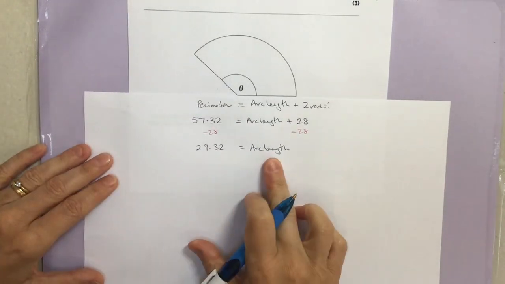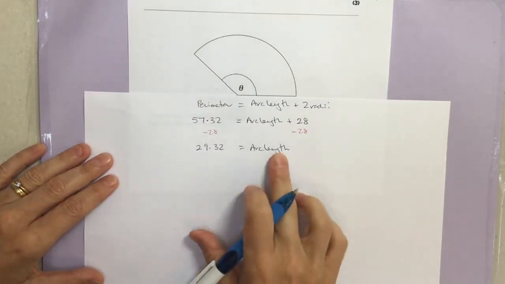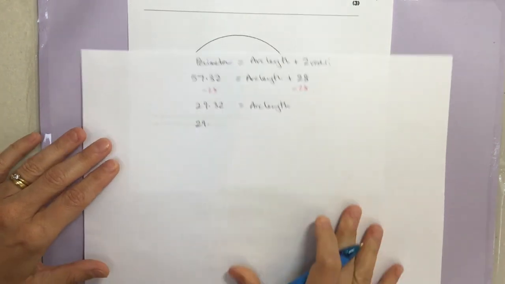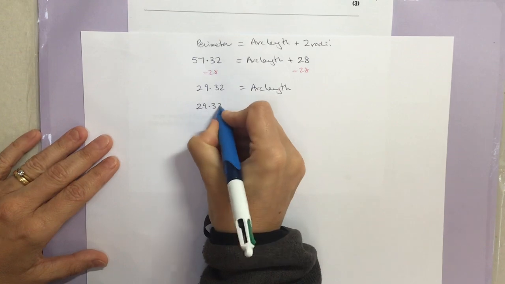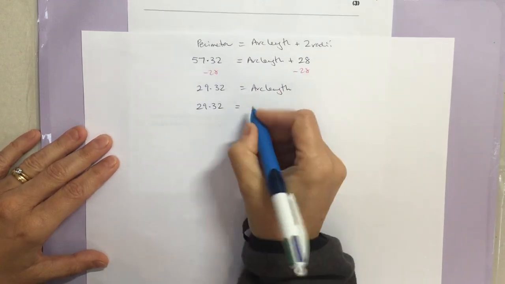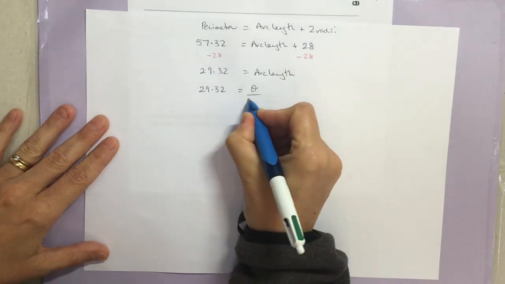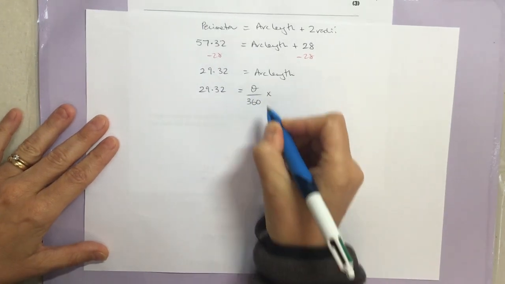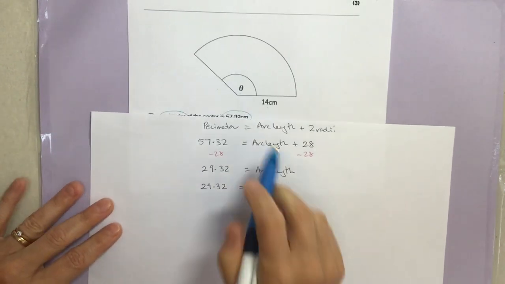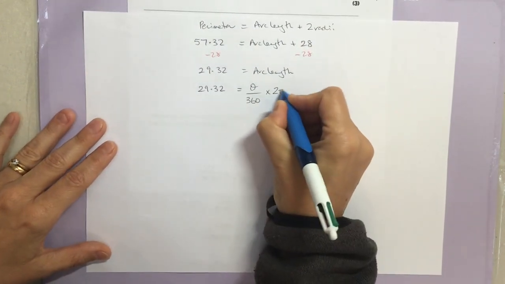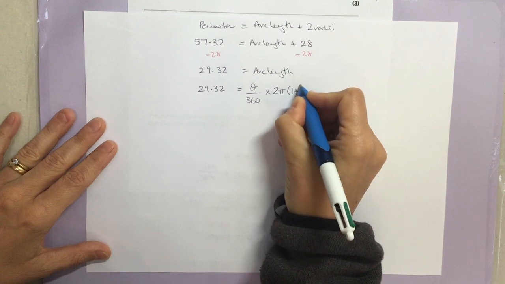So my arc length, my 29.32, is theta over 360, and theta is the thing we're trying to find here. So theta over 360 times 2 pi r, and 2 pi r is going to be 2 pi times my 14.